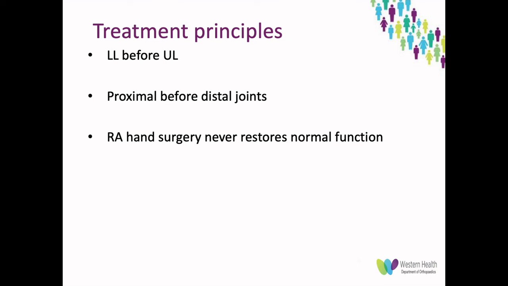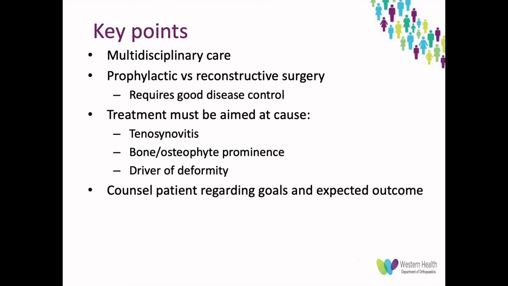In terms of what you're treating, where patients have multiple issues, you want to look at lower limb corrections first to avoid stresses from crutches and walkers on reconstructed upper limbs, as well as reconstructing proximal joints first. So for patients with ulnar digital drift, you want to correct radial deviation of the wrist deformity first before you correct ulnar subluxation of the MCP joints and the digital drift.